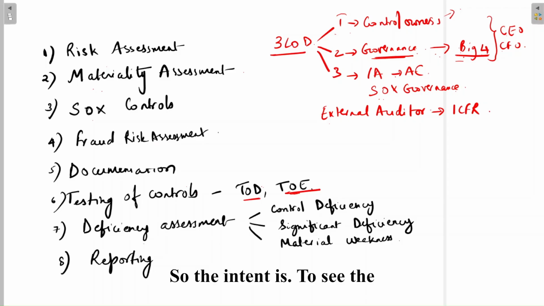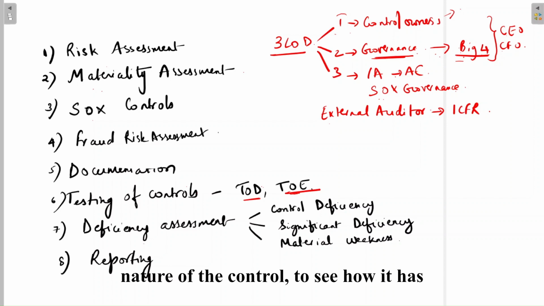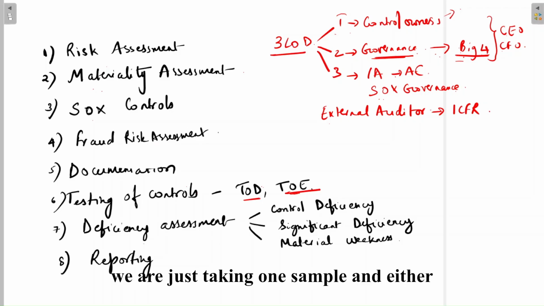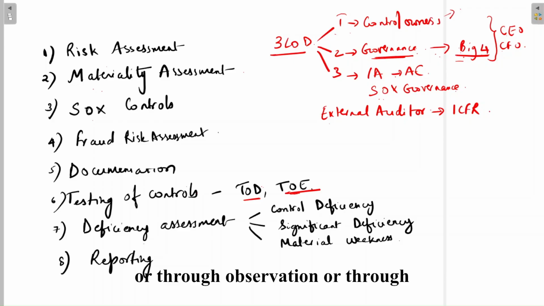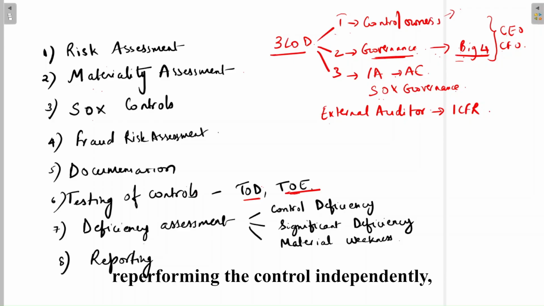The intent is to see the nature of the control, how it has been designed, how the control environment is. We are not going to test whether the control has been performed consistently over a period of time, but we are just taking one sample and either through discussion with the stakeholders, or through observation, or through reperforming the control independently, we do a design assessment.